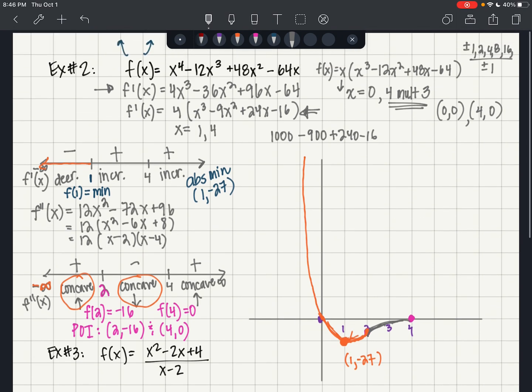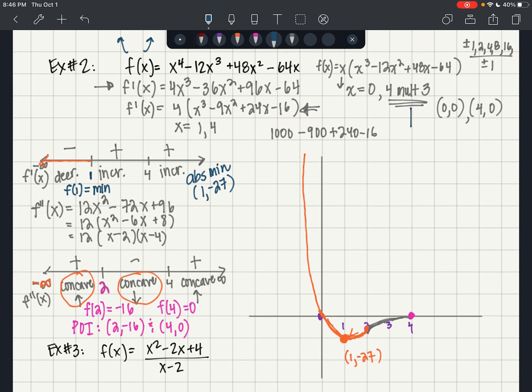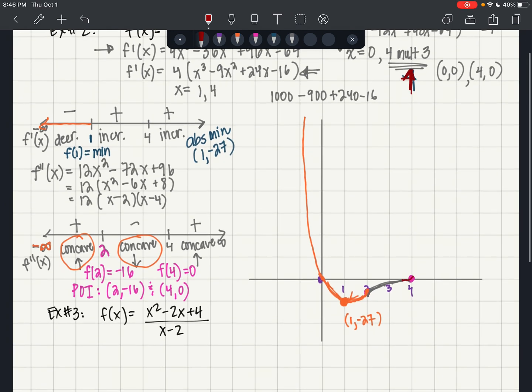And then what's happening at 4? Remember I said 4 was a multiplicity of 3. A multiplicity of 3 is going to look like a cubic function going through the axis. At 4, 0, we're concave up again.